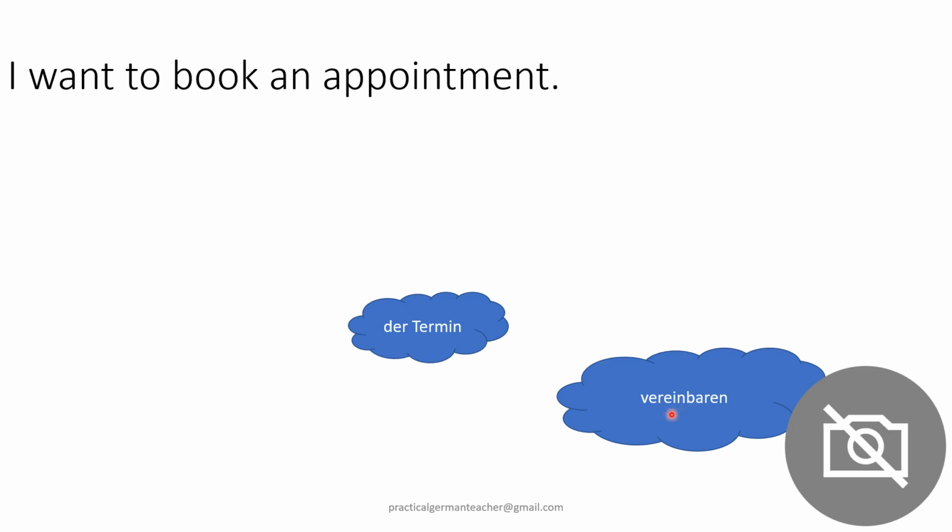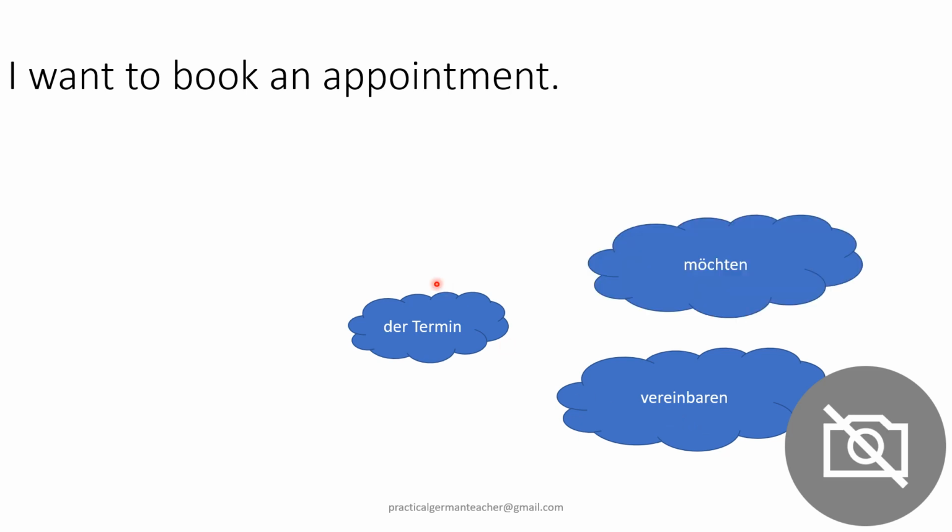If the sentence was I want to book a movie ticket, then the correct verb would have been buchen, B-U-C-H-E-N. But here you are booking an appointment. So when the sentence is in the context of an appointment and you're using the verb to book, then this is the correct verb. I hope this was clear.